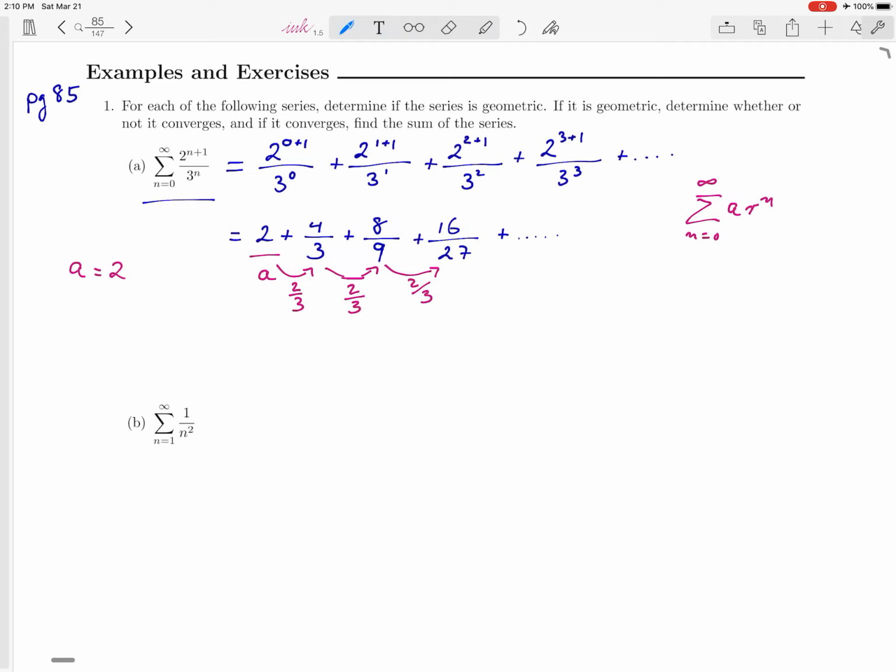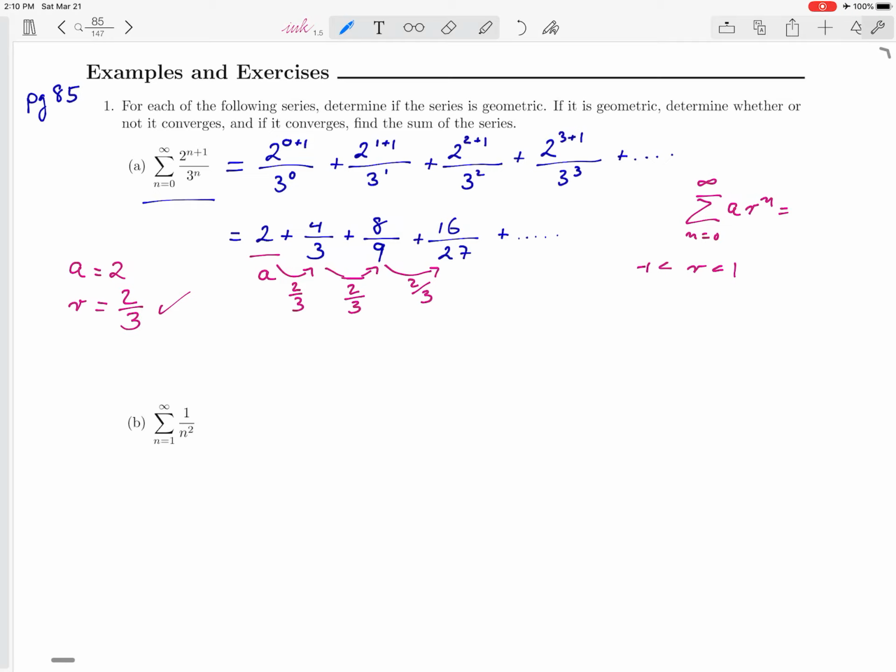So we can check that, yes, indeed, we have this common ratio, r, that is equal to 2/3. And so checking up in our definition and facts box, we learned that a geometric series converges if r is between -1 and 1. And in our case it is, because 2/3 is between -1 and 1.